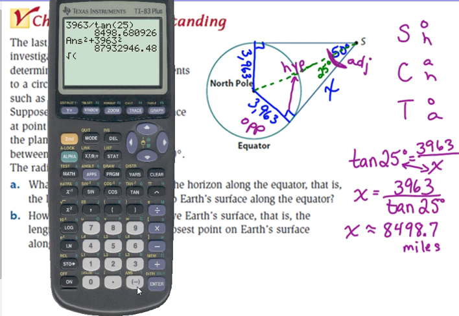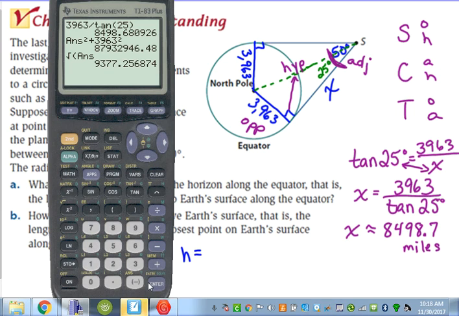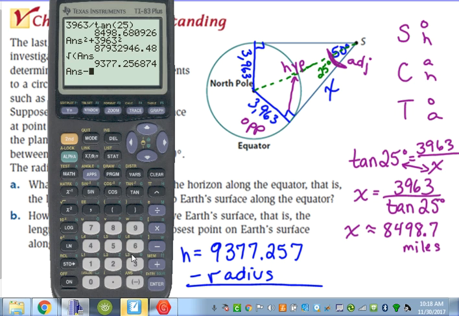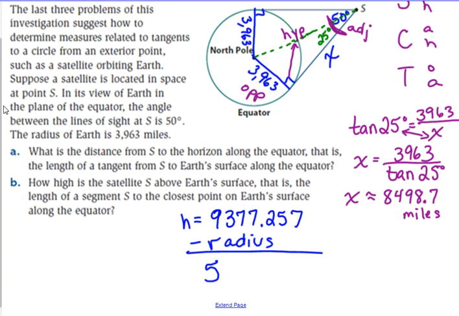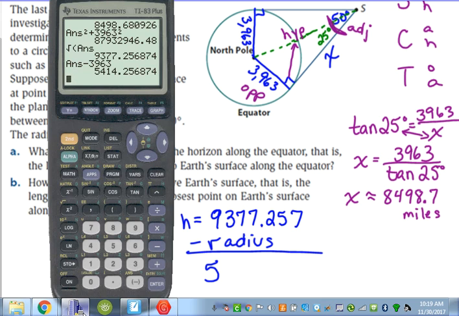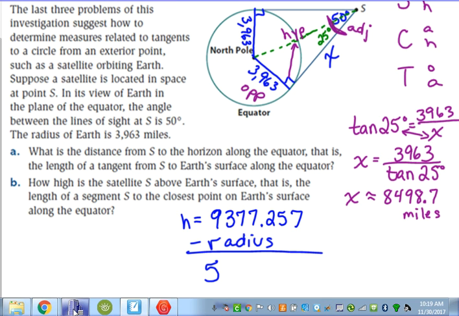Take the square root. The hypotenuse is 9,377.257, minus the radius, 3,963. We get 414.3.